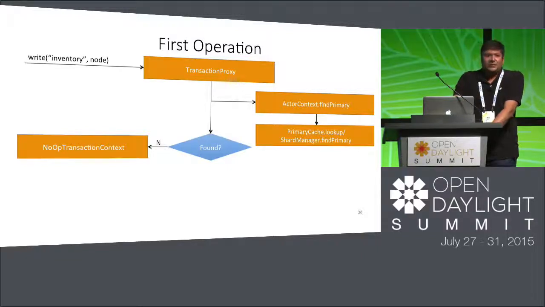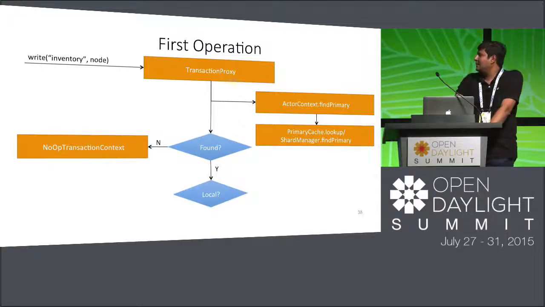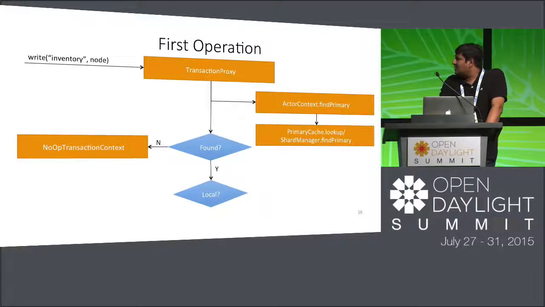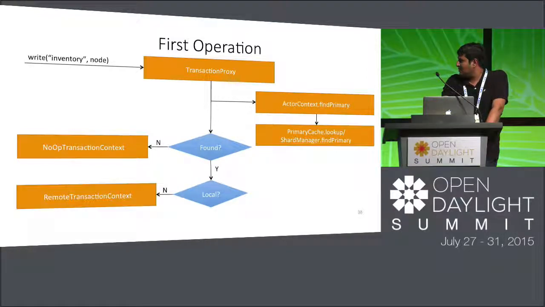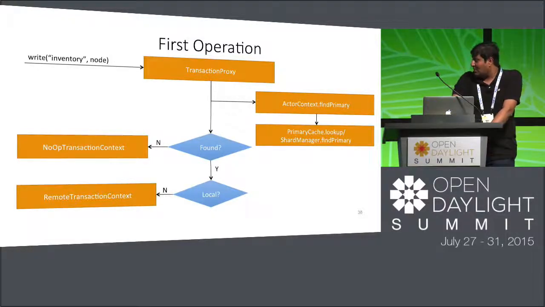This is just a dummy transaction context which will fail on commit. If it is found, then we check whether it's a local transaction or a remote transaction. Now I'll show you what remote transaction implies and what local transaction implies. If it's not local, then we create a remote transaction context.